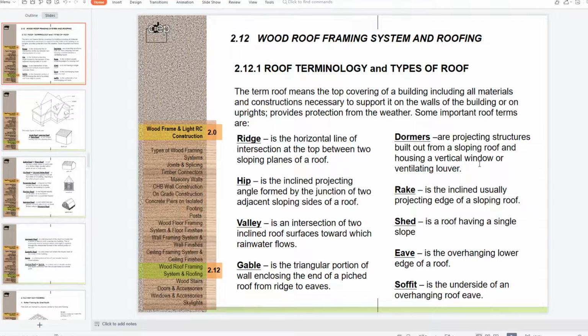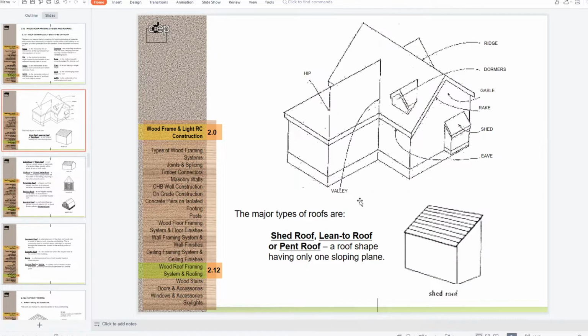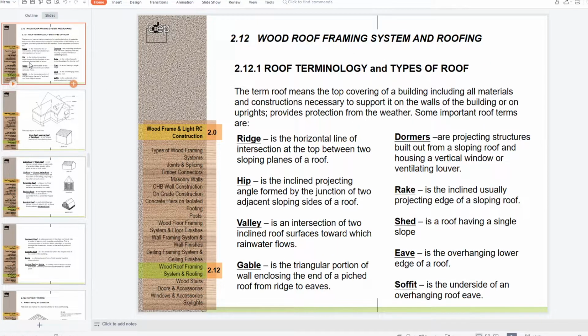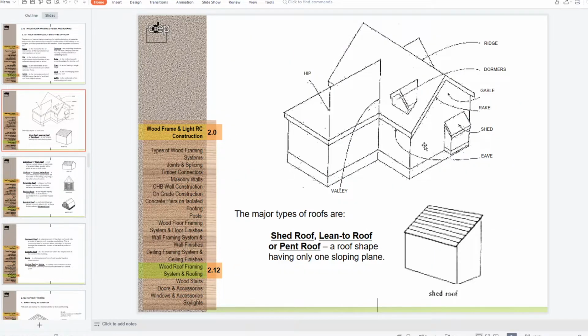So are projecting structures built out from a sloping roof and housing a vertical window or ventilating louver. So amo siya ang dormer naton, ang pasilong sa aton nga louver or ventilation. Next is the rake. So is the inclined usually projecting edge of sloping roof. Rake. So amo siya ang aton nga rake.